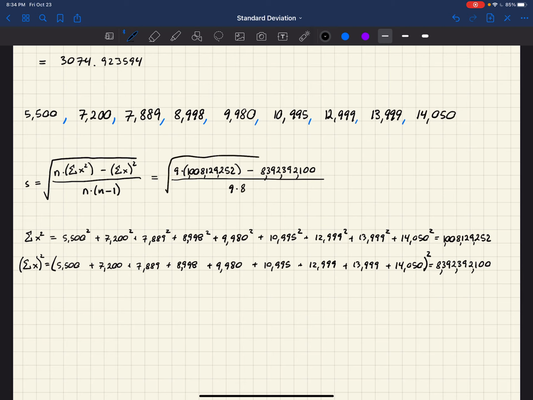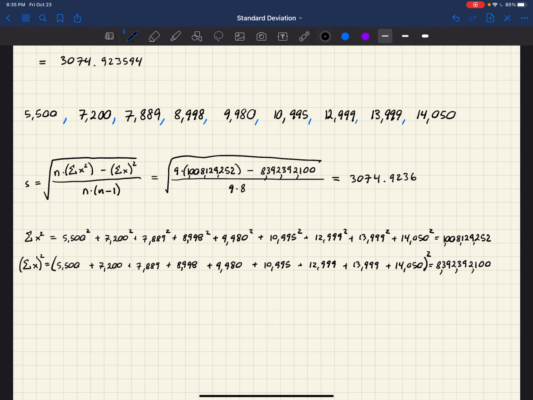And then we're going to take the square root. And if we do that, essentially, if we just round off, we'll get 3074 point. I'll just write a few extra decimal places. 9235. I'll just round here. So I'm going to round up to 6 for this last digit.